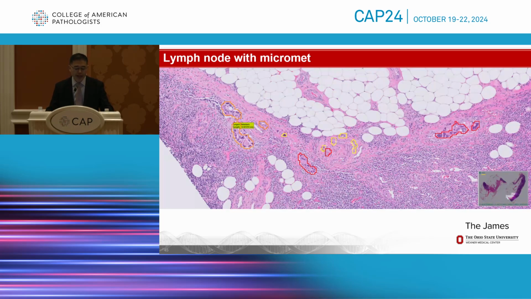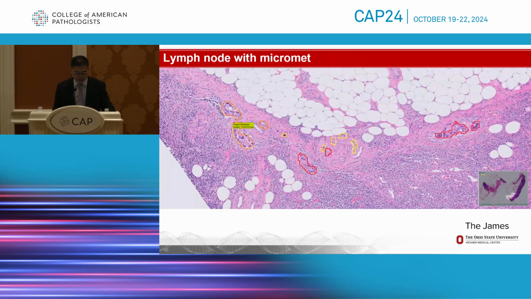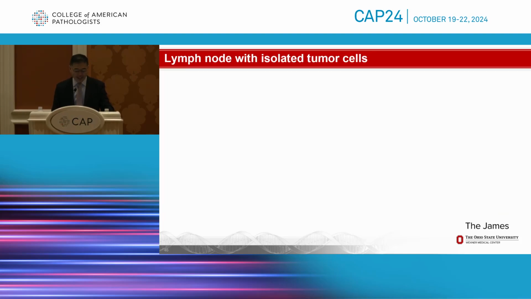You see the AI tool annotates those potential metastases. Different colors mean different probabilities. The red one means the highest probability of being a metastatic tumor. Then, as you can see here, okay, this is high power already. The AI tool can really identify those small foci of metastasis.